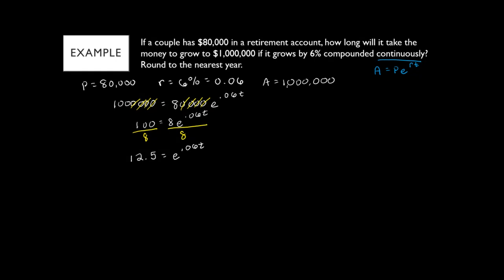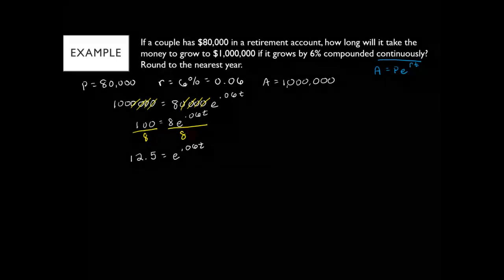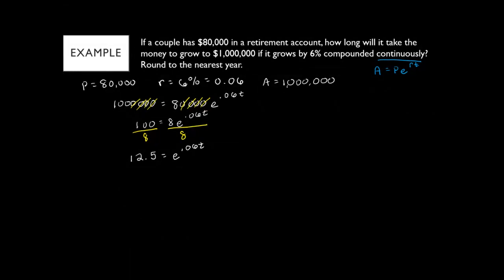So we have to reverse it or undo the e by taking the natural log, because the natural log is the inverse to Euler's number, to e. So I always rewrite what I've got with the natural log there. Sometimes I try to squeeze it in just to show that I'm doing the natural log, and I do it in a different color.